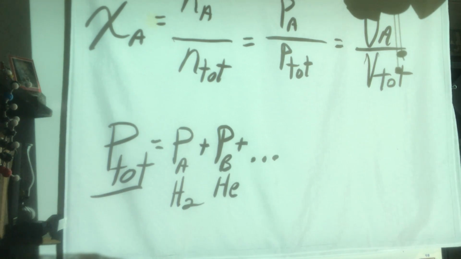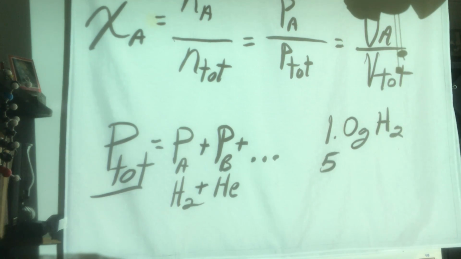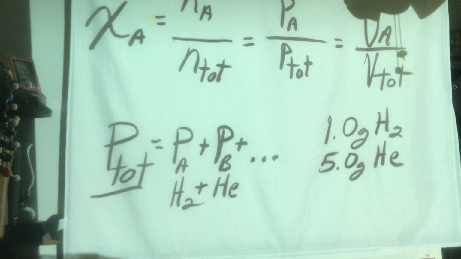They will have individual partial pressures equal to the total pressure of this mixture. And we're going to use 1 gram of hydrogen gas and 5 grams of helium gas. Okay? 1 gram of hydrogen gas and 5 grams of helium gas.